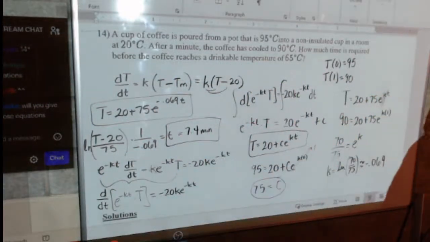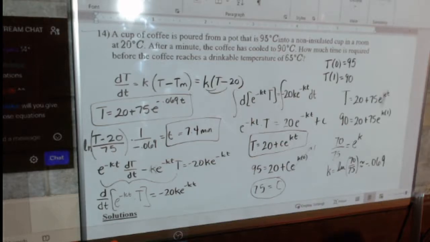Any questions about that application of differential equations? So I'm giving you guys a second there to answer.